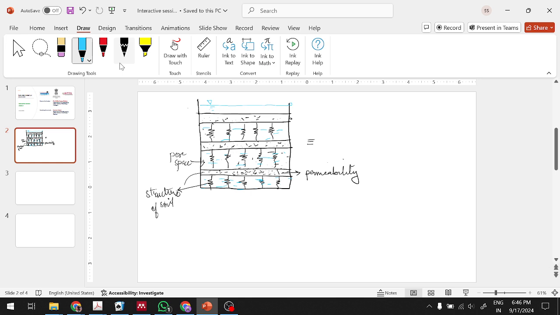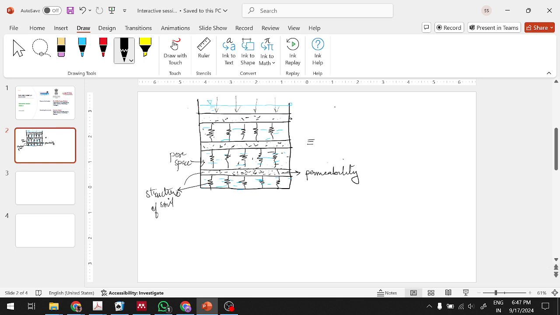And now if I place a load, let us say a uniformly distributed load over this, you see these springs will act as resistance, they will act like plungers.